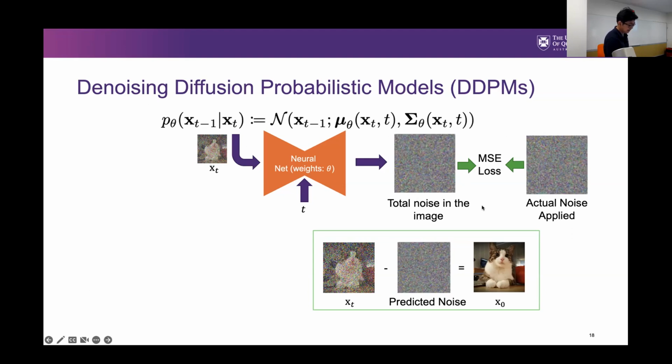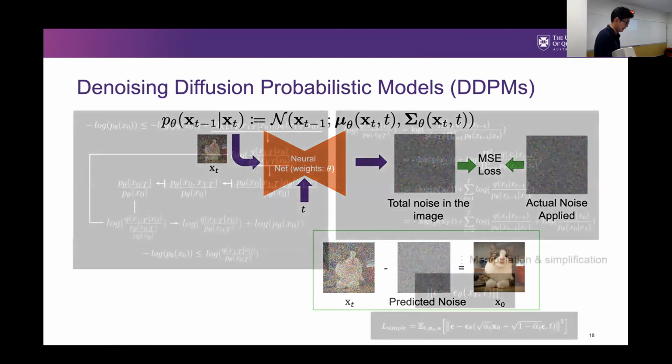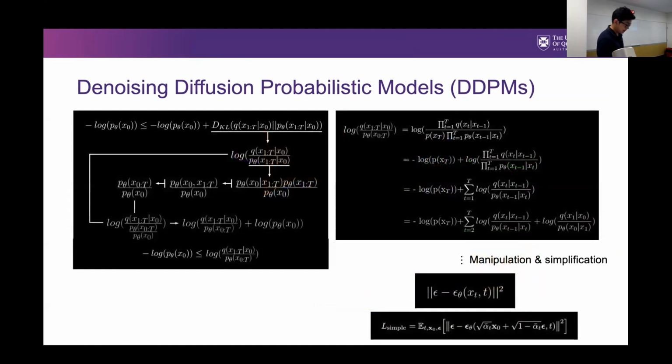And that turns out to be the loss function that gives us the images we generate. The reason we use the loss function over noise is because the math actually breaks down into that. Here we have the negative log likelihood loss, which I'm not going to go into too much detail on. That just maximizes the likelihood of the training data, right?